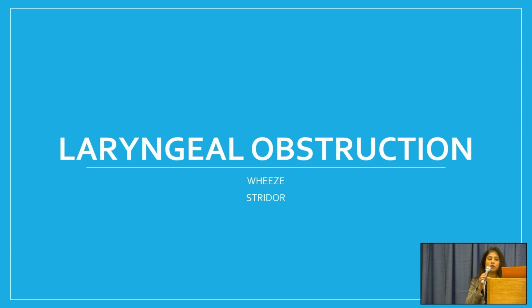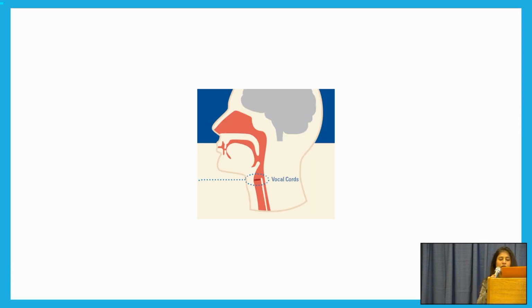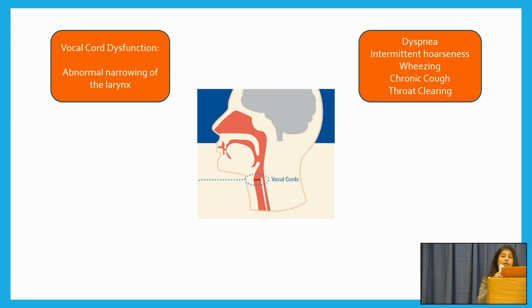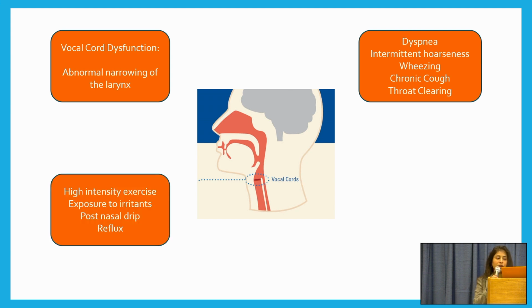So let's talk about laryngeal obstruction. Again, we're going to hear wheezing and stridor for that. If we think about the larynx itself, and the focus is on the vocal cords, then with vocal cord dysfunction, there's going to be an abnormal narrowing of the larynx. This will lead to dyspnea, hoarseness, wheezing, cough, throat clearing.